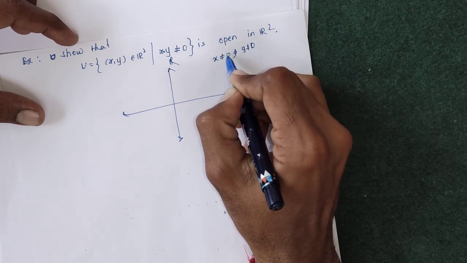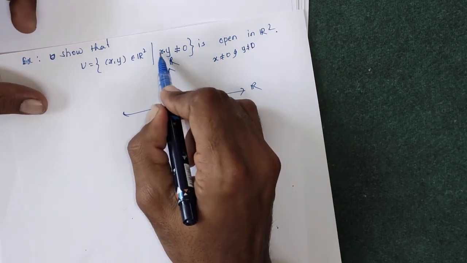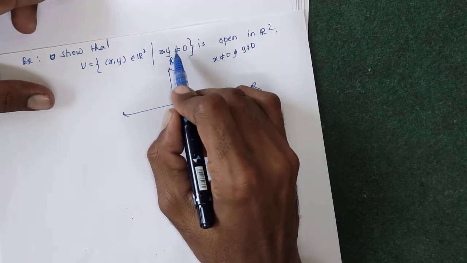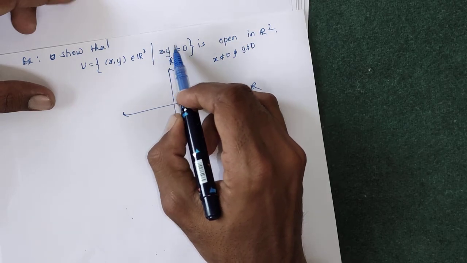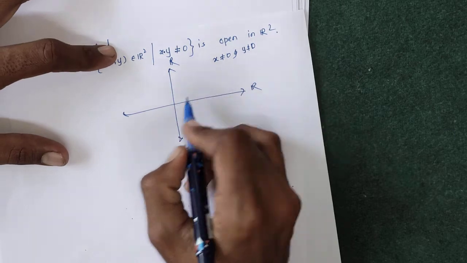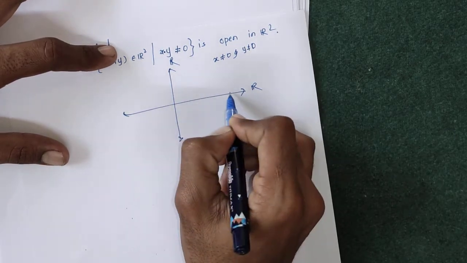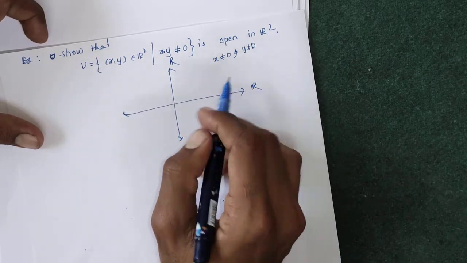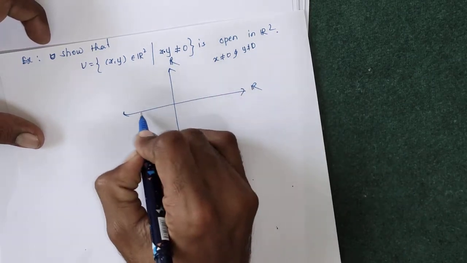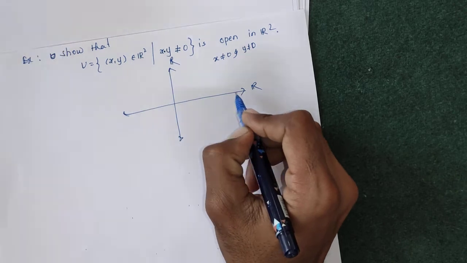Here it is 'and', because if one of them is 0 then their multiplication is 0. For xy not equal to 0 we must have both non-zero at a time. So x equal to 0 is this line and y equal to 0 is this line. So this given set is R square excluding these two coordinate axes.